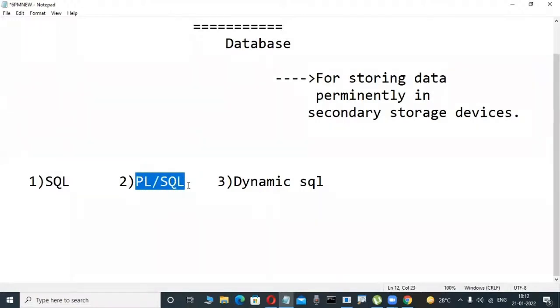Some fellows say it is only procedural language extension for SQL. Why is this language really required? Really, so many jobs are available in PLSQL also. Why it is required: because of so many applications.